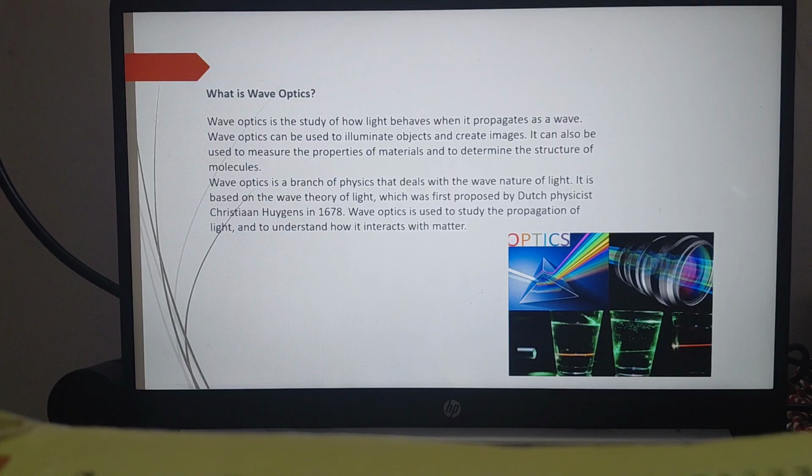So wave optics is the study of propagation of light and understanding how it interacts with matter: with molecules, with water, in air, in glass substance, whatever objects are there, how light will behave with that object. So this phenomenon is known as wave optics.